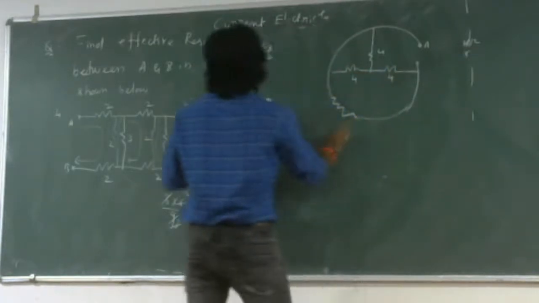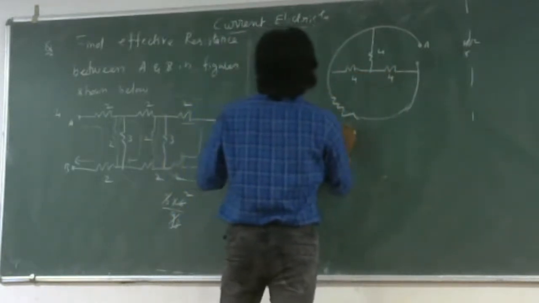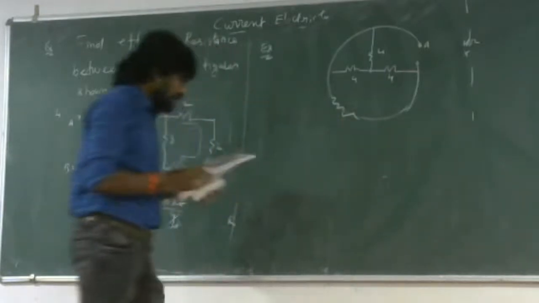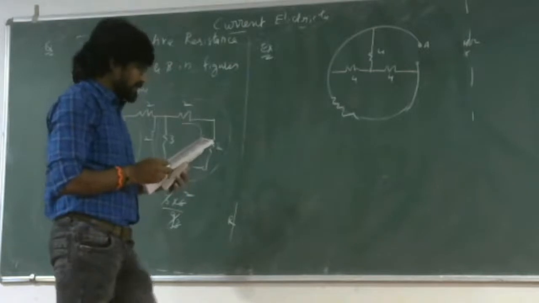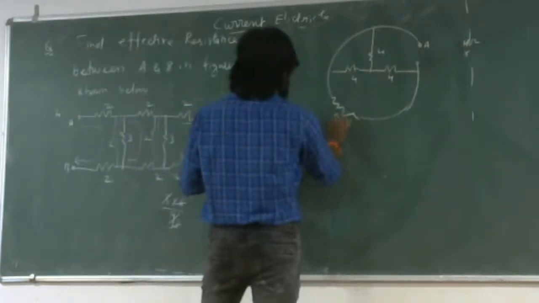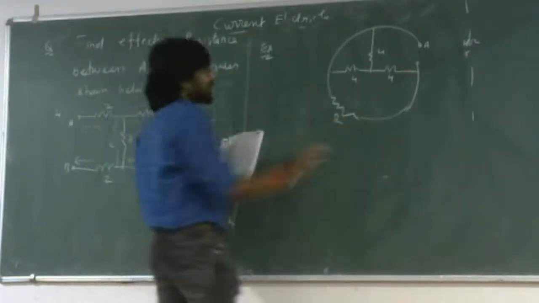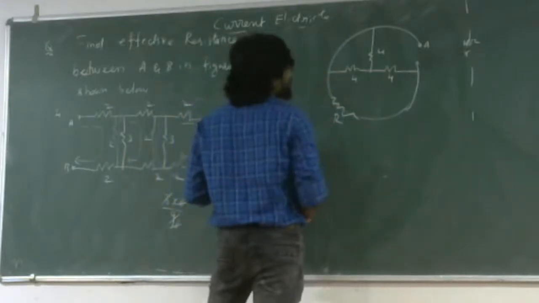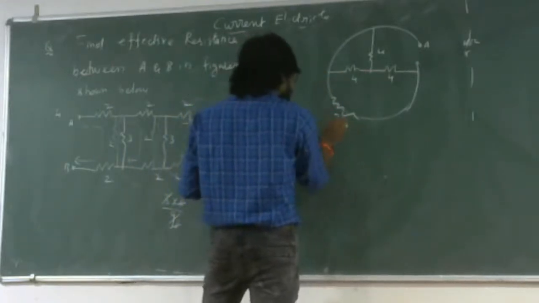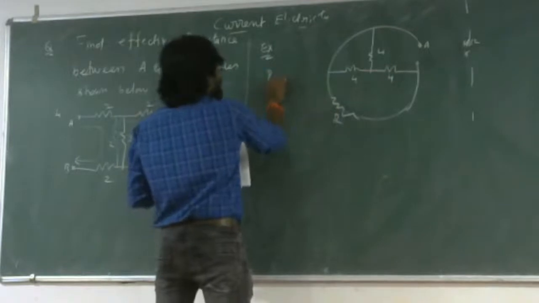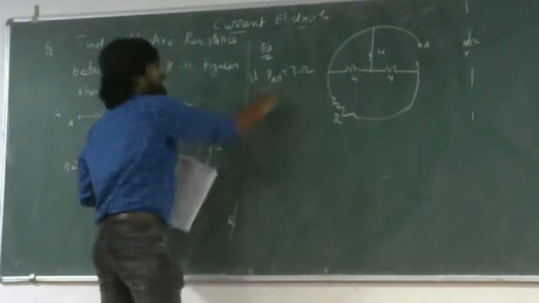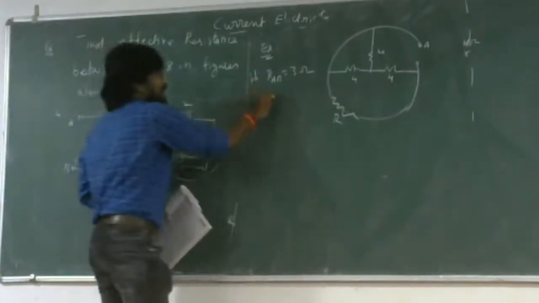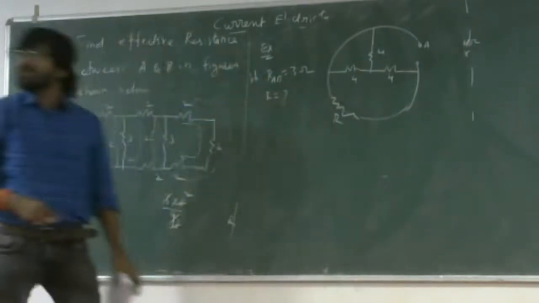The effective resistance between A and B is 3 ohm. The value of this resistance is given as R. So what is the value of R, if RAB is 3 ohm?